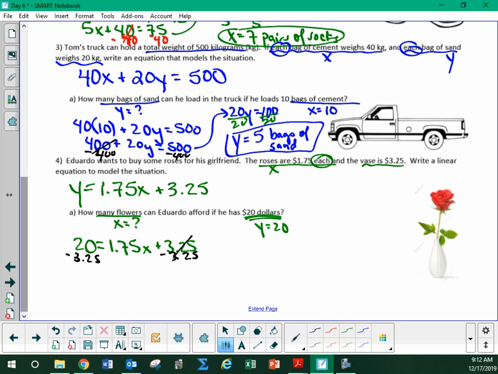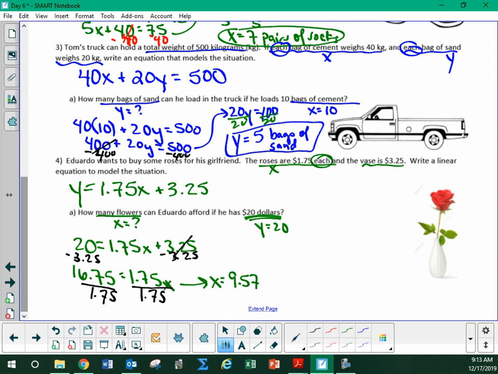That looks to be 16.75. Okay, 16.75 equals 1.75x. Divide by 1.75. And Emma, what did you say x is? 9.57. Okay, now we've got to think about our situation.